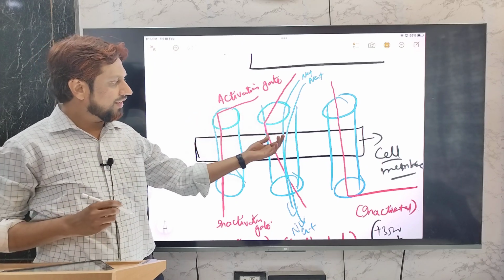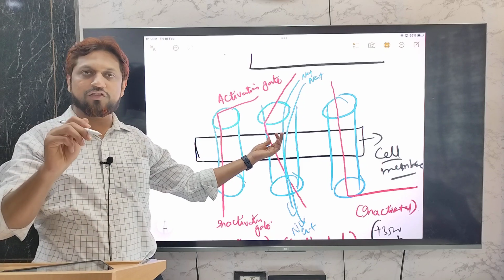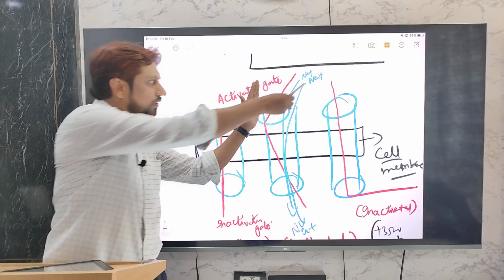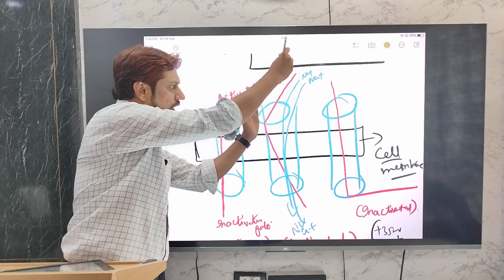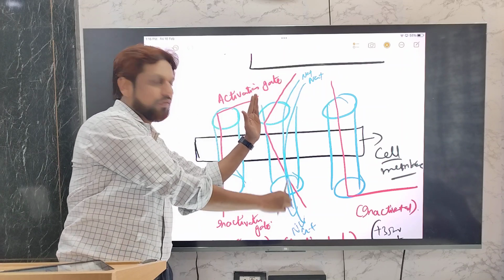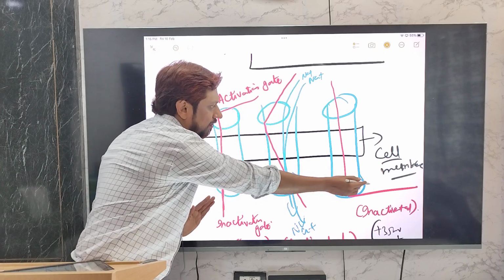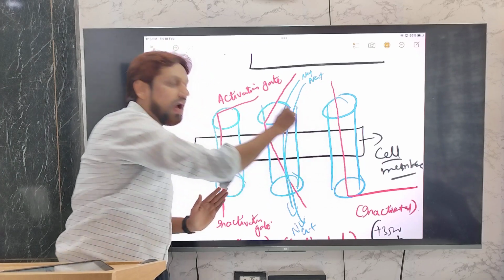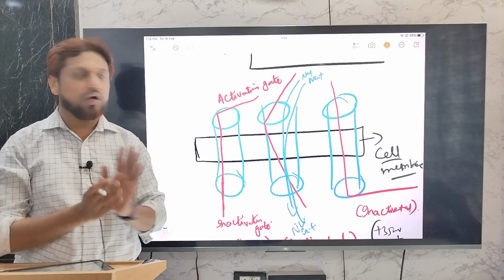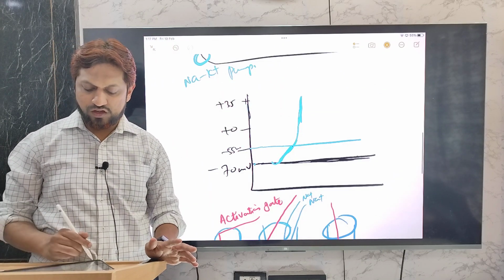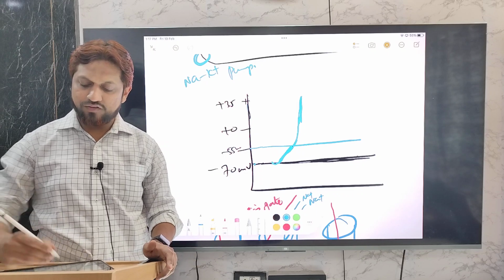But when the cell is stimulated by the threshold stimulus, the activation gate of the voltage gated sodium channels opens and sodium enters inside the cell. After some time, slowly the inactivation gate closes, sodium ions can't enter, and the sodium channels are closed. This phase is called the depolarization phase.